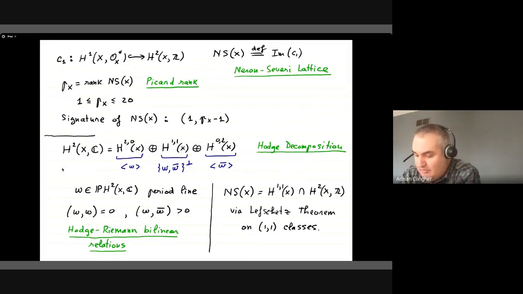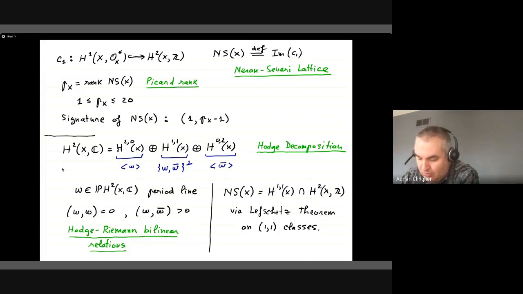So if we go a bit further, we have the first Chern class map that goes from the Picard group essentially to the second cohomology. And the image of this map is the so-called Néron-Severi lattice, which is a sublattice of the K3 lattice. The rank of the Néron-Severi lattice is the Picard rank.